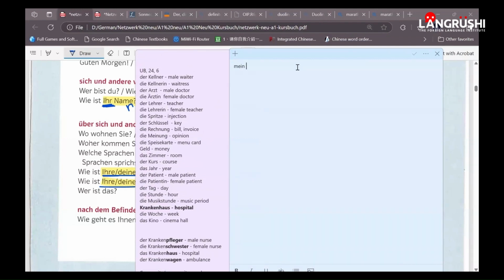Okay. Now we'll take the same example. Mein and meine. So you will use mein for all the masculine and neutral. And you will use meine for feminine and plural as well. Now, Akil, if you want to say my teacher and it is a male teacher, how will you say?